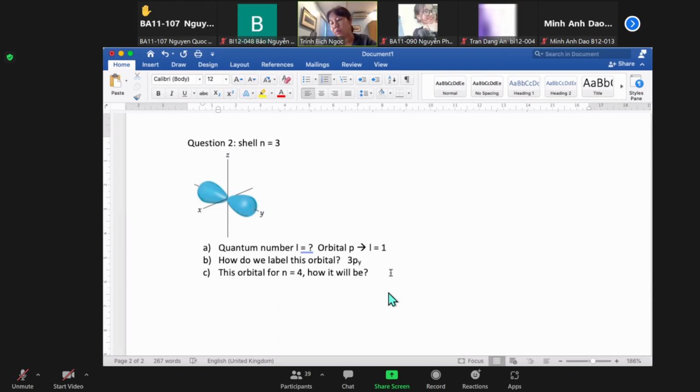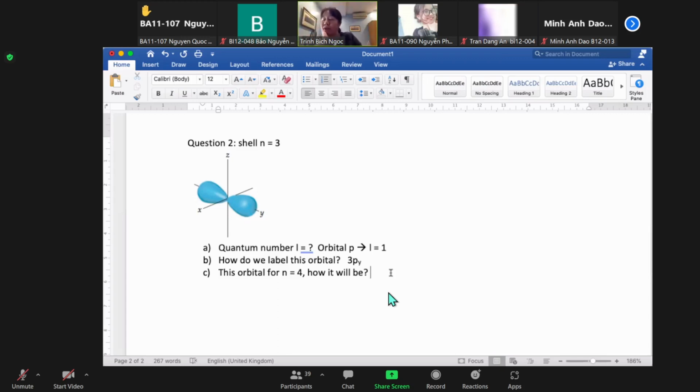This orbital will: 1, not change; 2, be drawn larger; 3, have another lobe added along the x-axis; or 4, the lobe on the plus y-axis would be larger than the lobe on the minus y-axis.